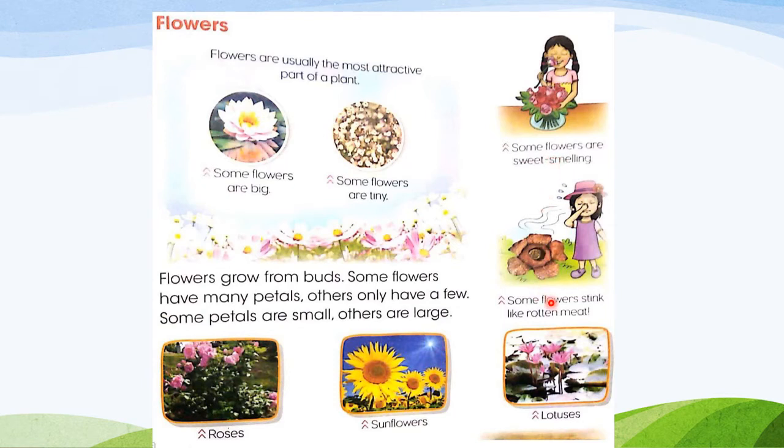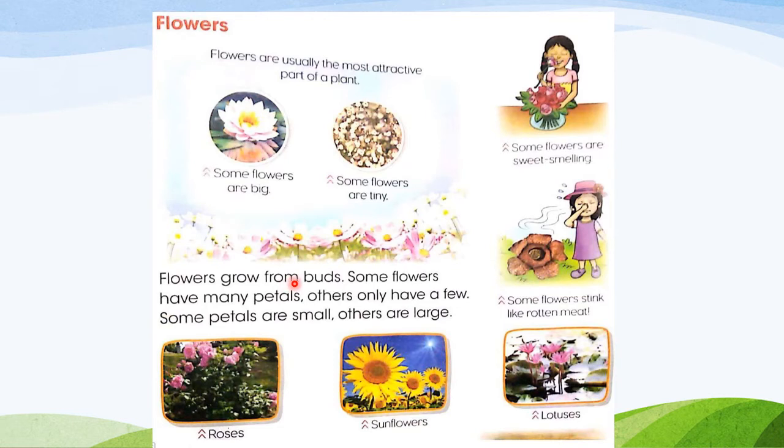But some flowers stink like rotten meat, and some flowers have a very bad smell. But some flowers have a very sweet smell, just like the rose. Do you like a rose? Yes, roses have a very sweet smell, and they are very beautiful in color.